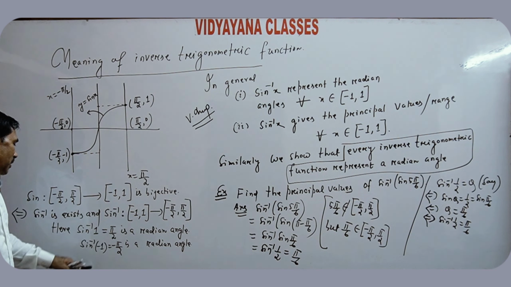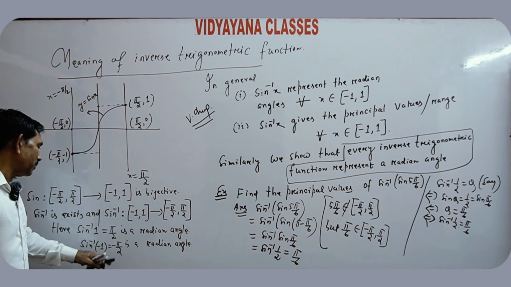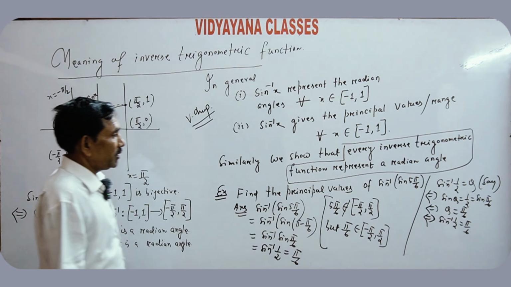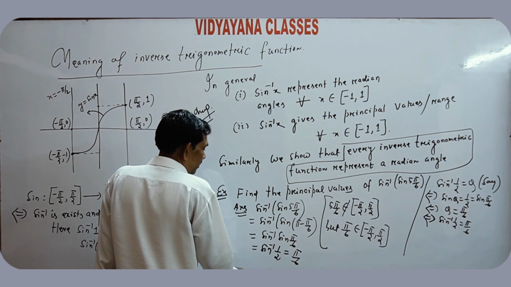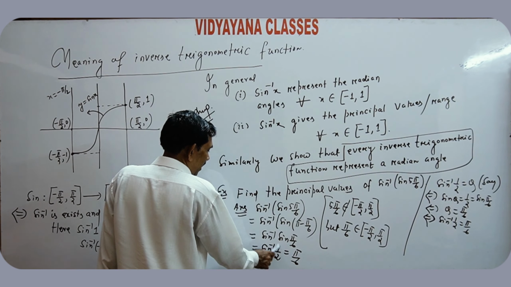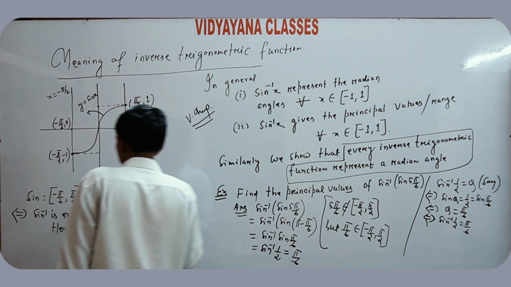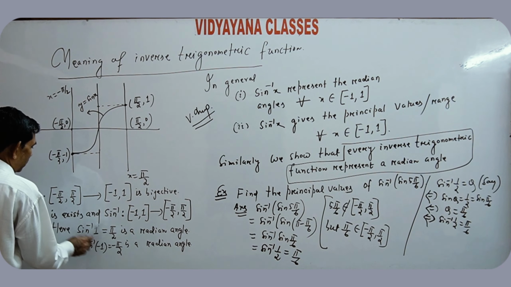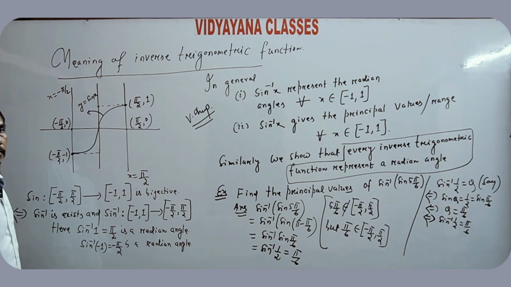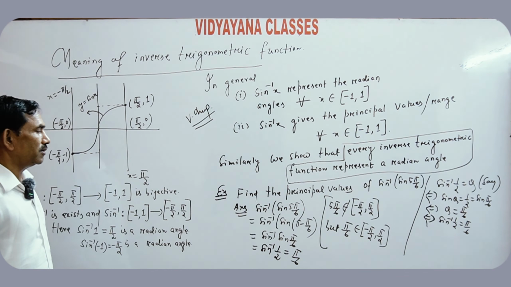Sine of which angle gives minus 1, that is minus pi by 2. Similarly, sine of which angle gives half, that is pi by 6. Pi by 6 belongs to this set, pi by 2 belongs to this set, minus pi by 2 belongs to this set, since sine function is bijective when it is defined from this set to this set.